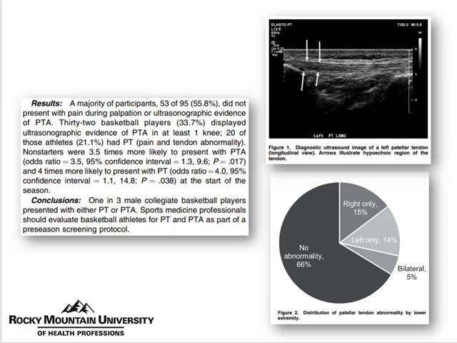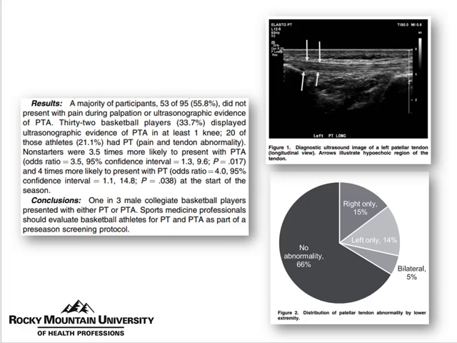What we found, most people, 55.8%, did not present with pain during palpation or ultrasonographic evidence of patellar tendon abnormality. But some people had ultrasonographic evidence of patellar tendon abnormality, and some people had both pain and abnormality.